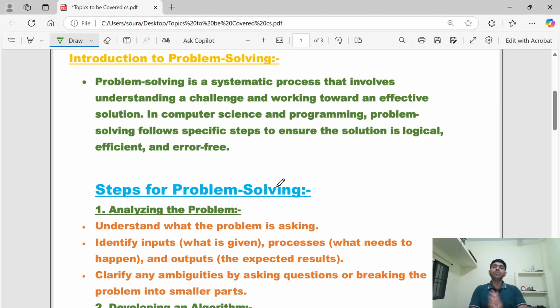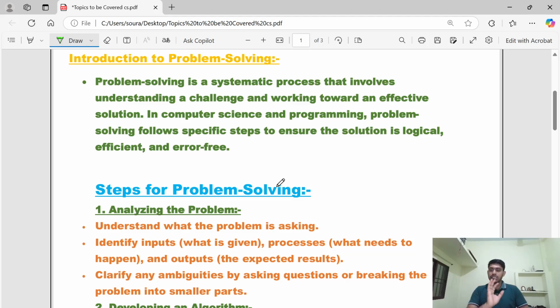The thing is very clear that you need to find the solution, you need to develop the project, and that project should be logical, efficient and error free. That is the main motto of problem solving in the computer science field. We need to develop software that should be efficient and error free.